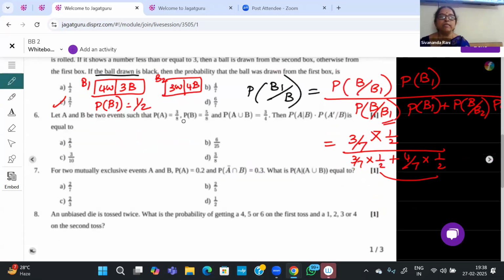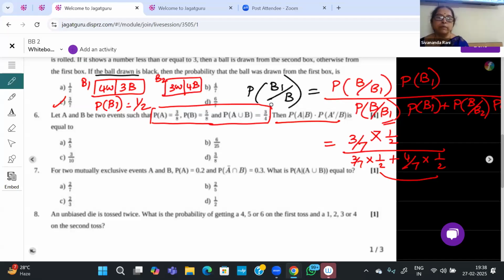Let A and B be 2 events such that P of A is this, P of B is this, P of A union B is this. Okay, do this yourself. It seems to be a routine problem. From this, what we can make out, you find out. What plays a role? Just by looking at it, you know what is to be done.